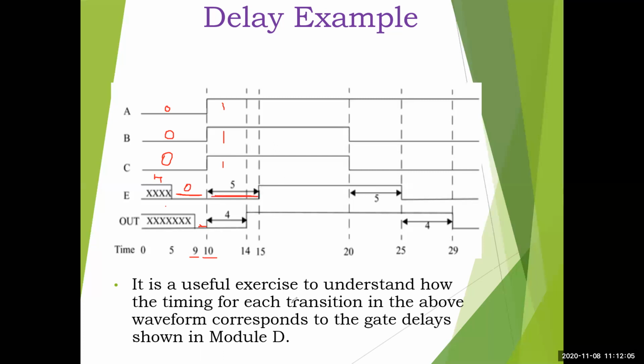Okay, so at 15, because the AND gate is having a delay of 5 time units, once it goes 1 1, the AND gate will have the output 1 now. Okay, so this 0 only will be taken in the computation of out, till 4 time units. So till 4 delay, because the OR gate is having 4 delay, it will be doing 0 plus 0 till another 4 delay.